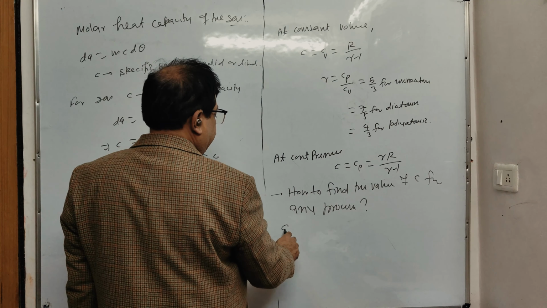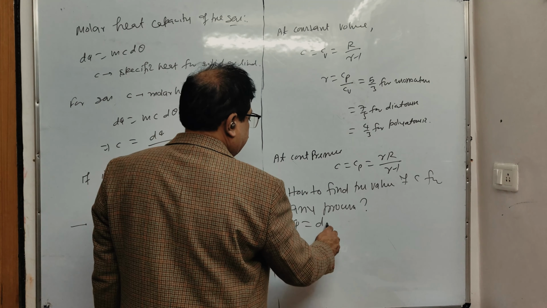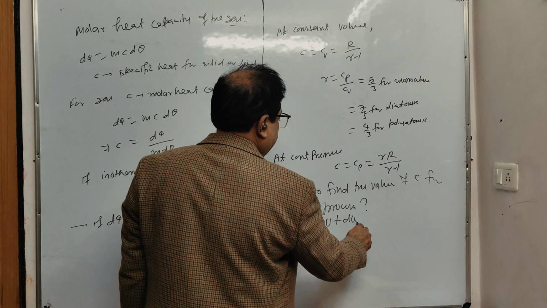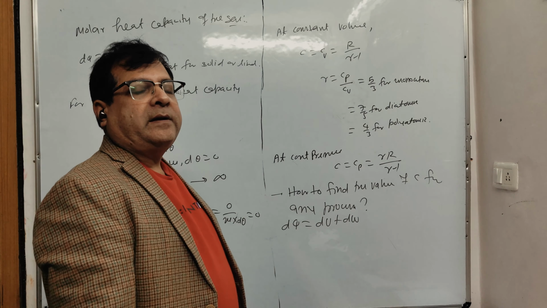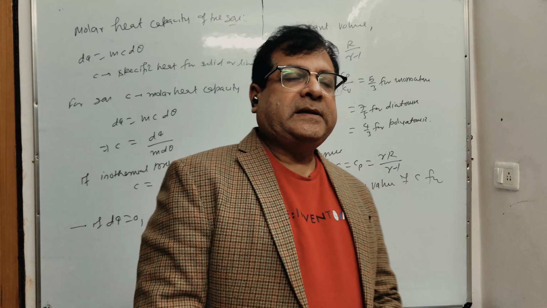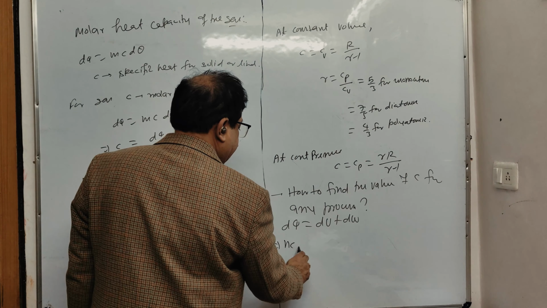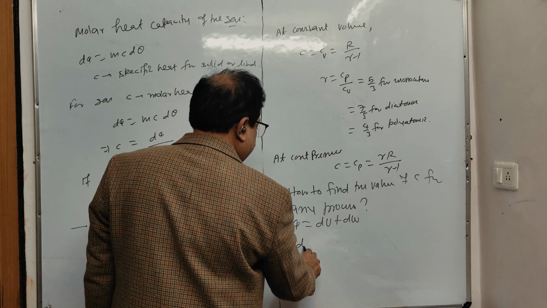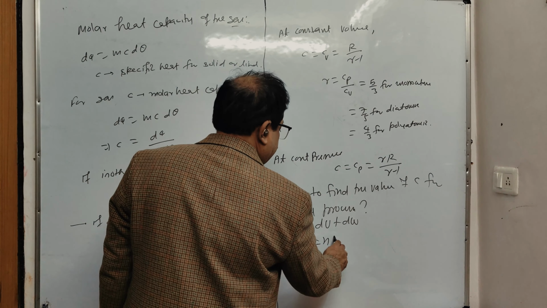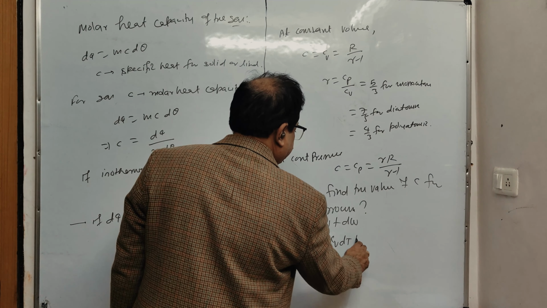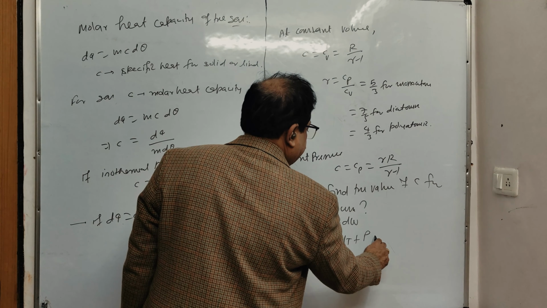So we start with dq is equal to du plus dw. All of you might know the first law of thermodynamics. And then we write n C dT is equal to n Cv dT plus P dV.